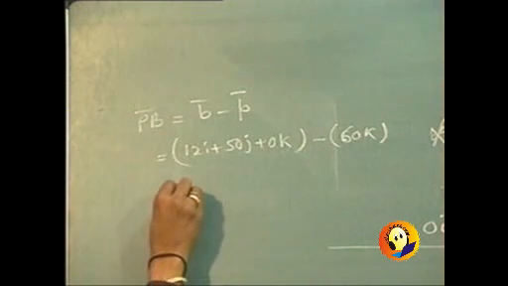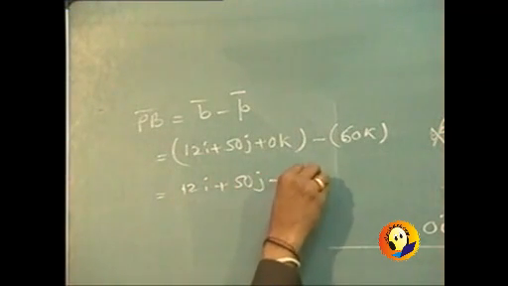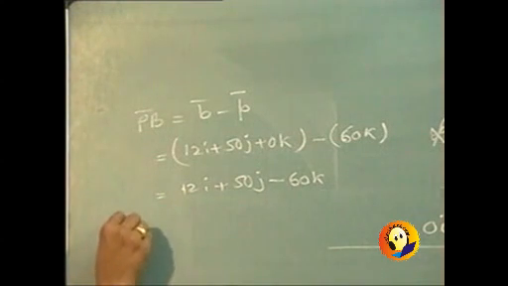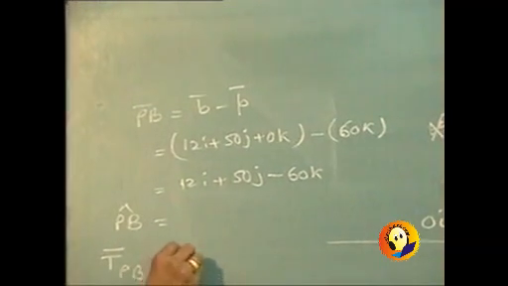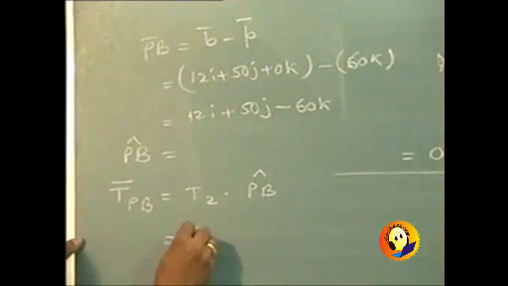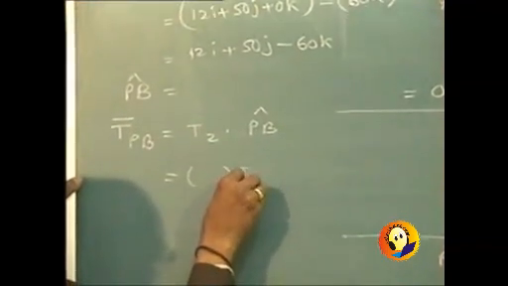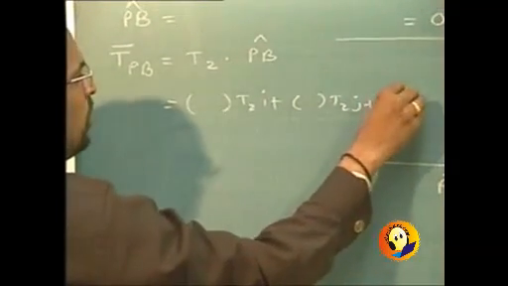So ultimately it is 12i plus 50j minus 60k. Find out PB cap, and then TPB bar will be T2 into PB cap. Of course, here all the terms will be something into T2i plus something into T2j plus something into T2k. This is how the term will appear.